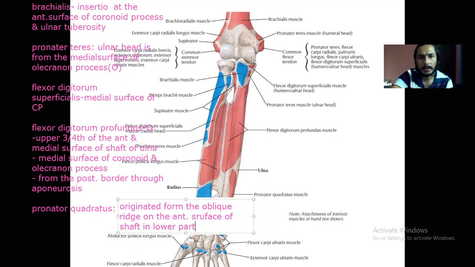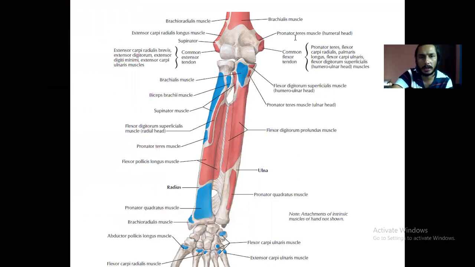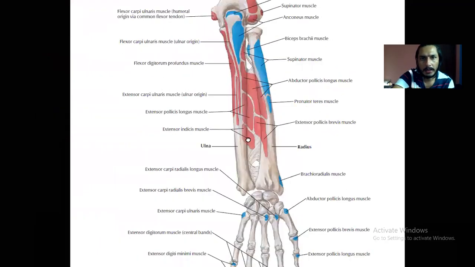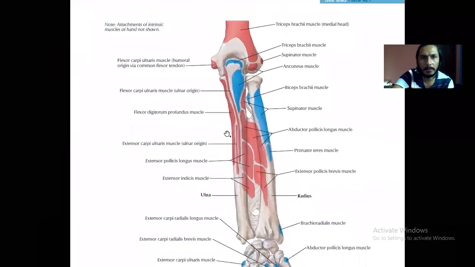Now other muscles. This is the anterior view only. Now let's go for the posterior view, then it will be more clear. From the anterior side we can see these muscles, now let's see the posterior part. Along the posterior border, can you see this muscle here? This is the flexor carpi ulnaris muscle.